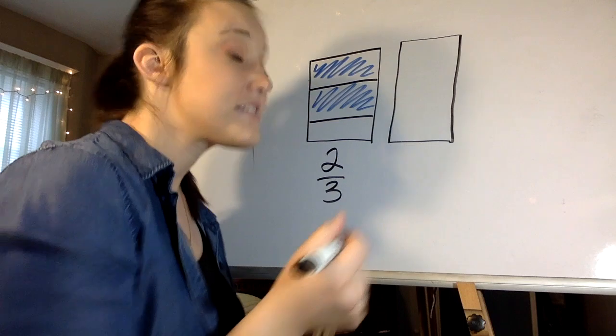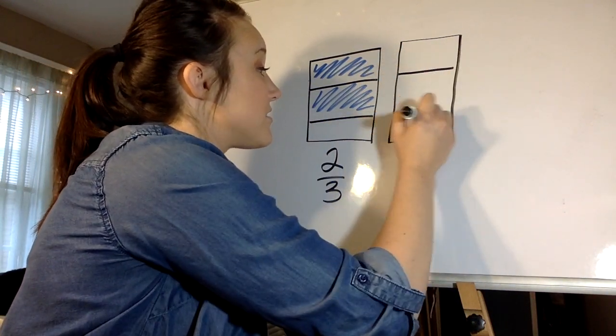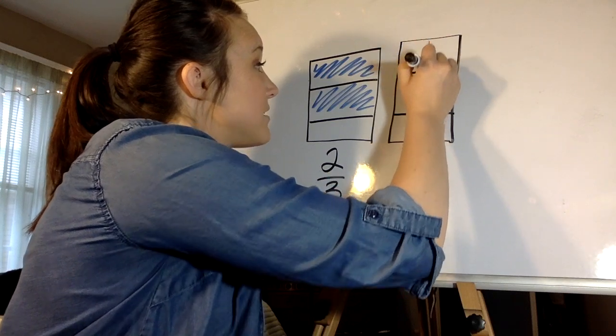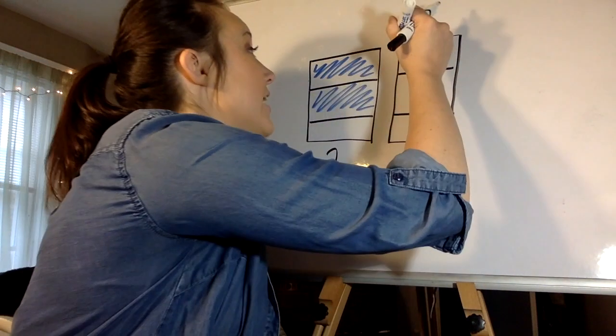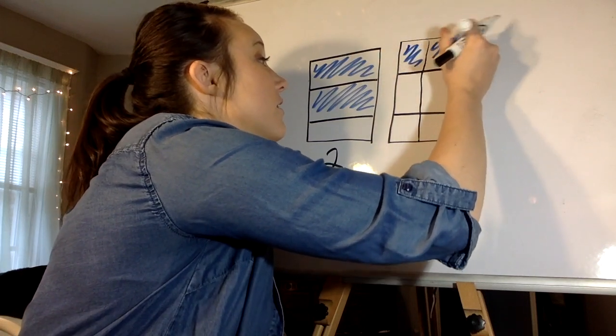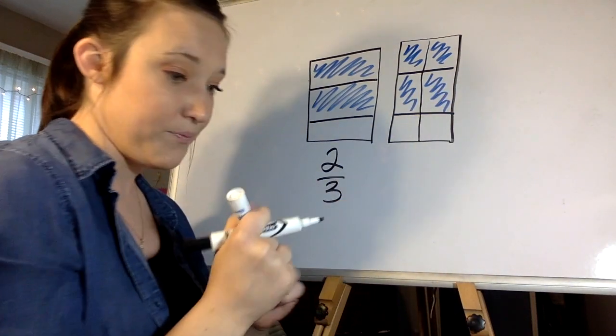And then the second fraction is not only split into thirds, but it's split down the middle into sixths, okay? And then it has these 4 shaded in.